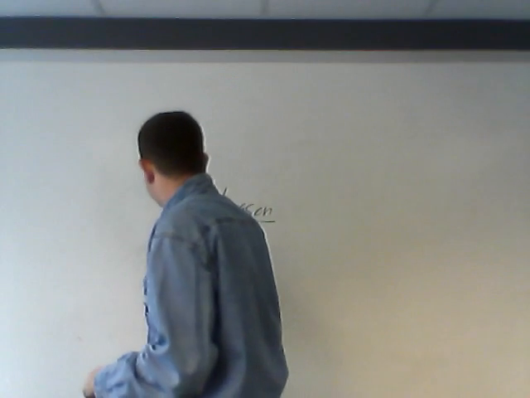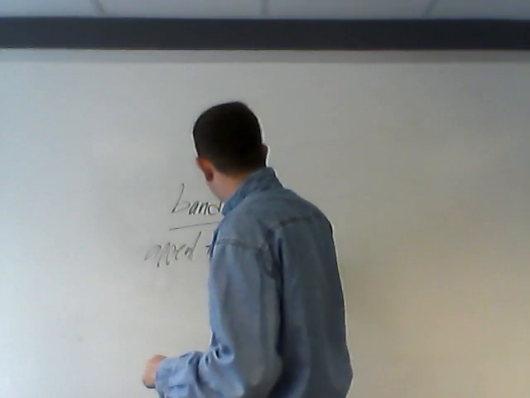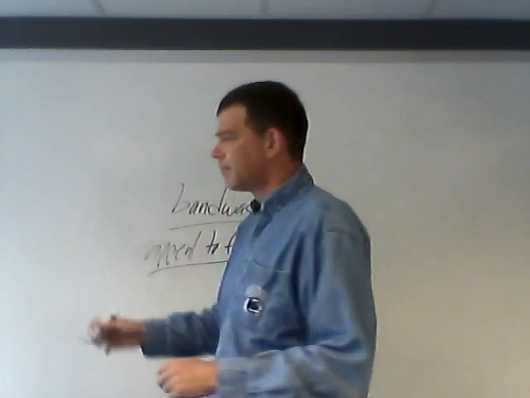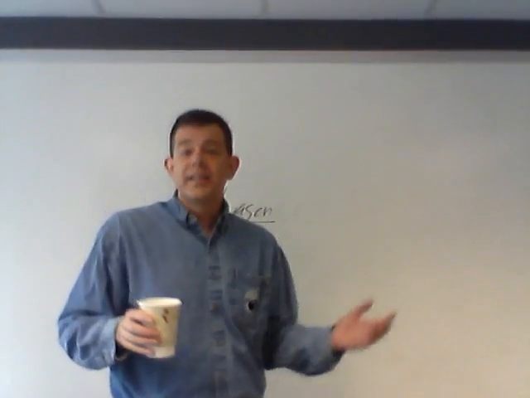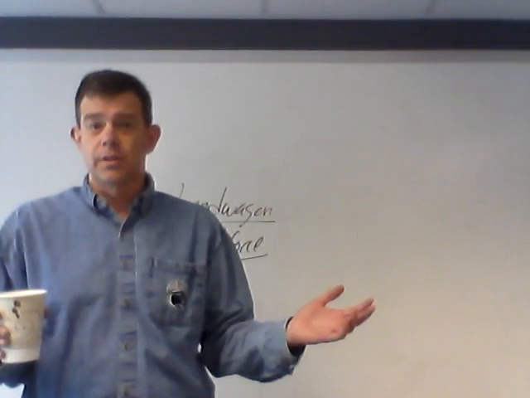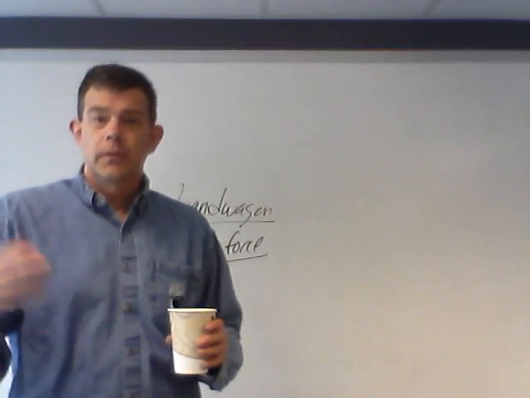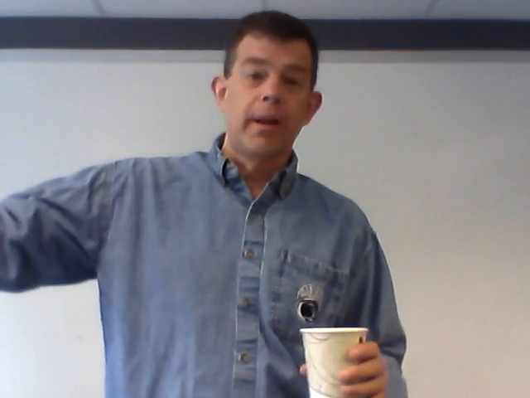There is another fallacious reasoning called the appeal to force. It's ad baculum in Latin. Which is basically, do what I say or there will be consequences. Do what I say or you're going to get punished.